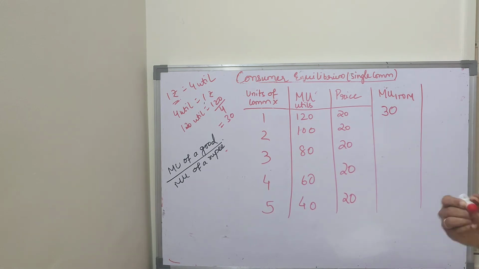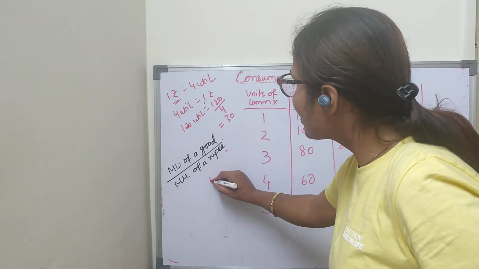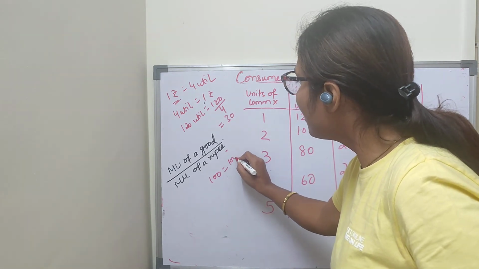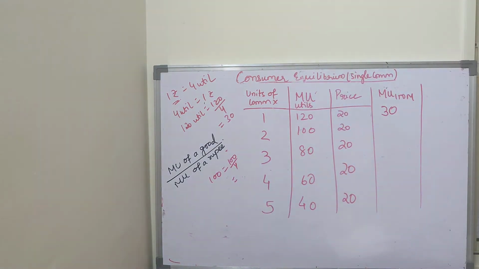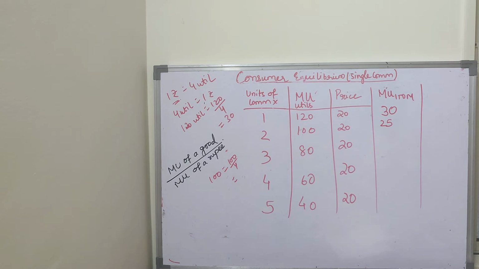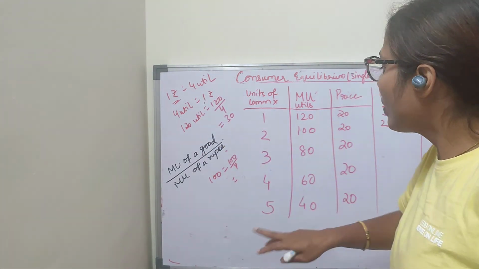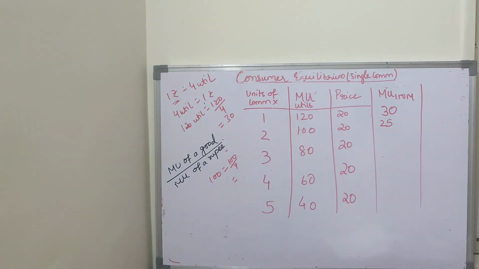Clear? Now the same thing in the second unit. 100 utils, how much does it give you in satisfaction? 100 divided by 4. How much? It's 25. Then 80. So in the third unit, 4 utils is equal to 1 rupee, so 80 utils, how much? 80 divided by 4, it is 20.